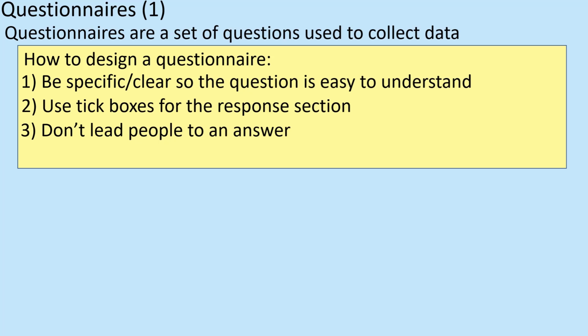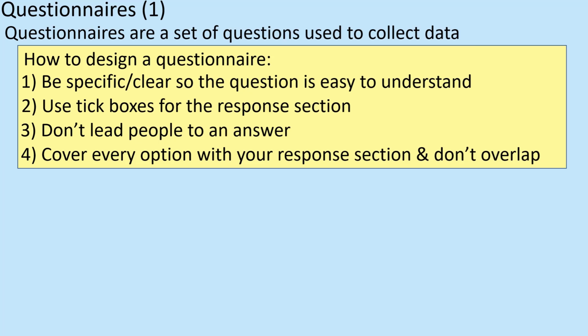Then you're leading them to making one of those three choices. They might like fish and chips. I'm not suggesting that I like or prefer any of those foods. What I am suggesting is that by eliminating options or leading them in a certain direction, you're not going to get a full response. So don't lead people into giving a specific answer just because that's what you're looking for. You won't get an honest, fair result.